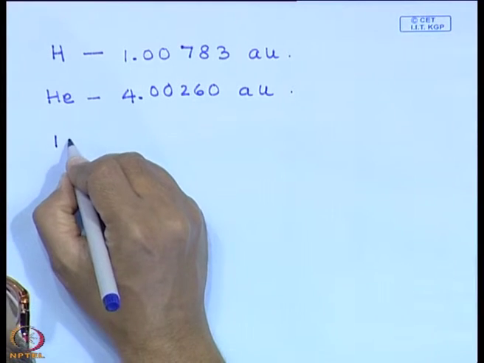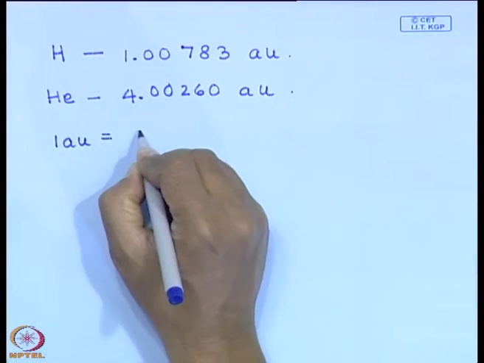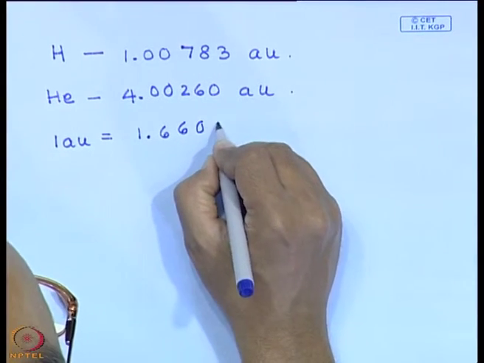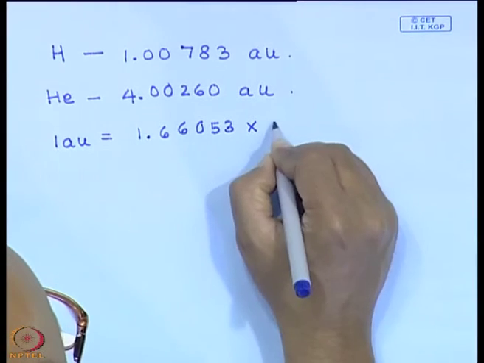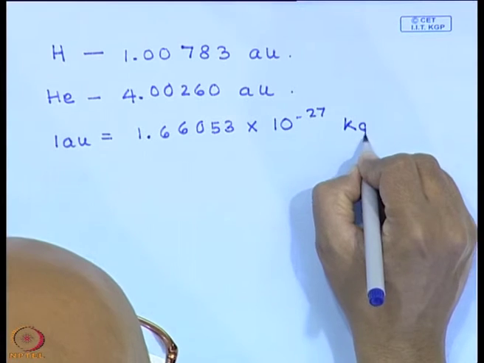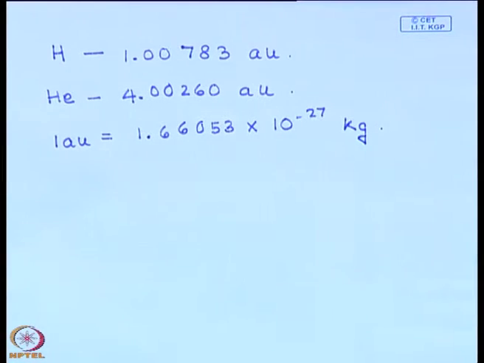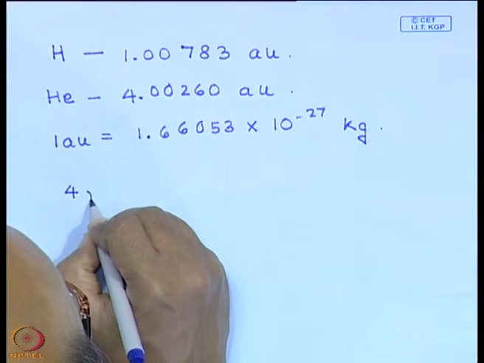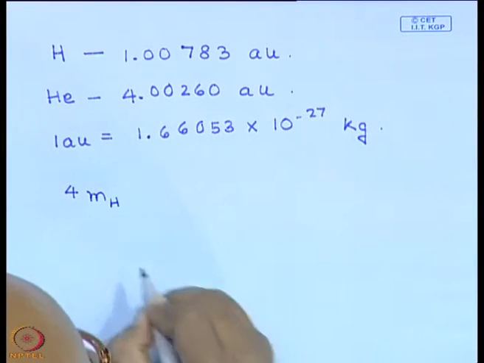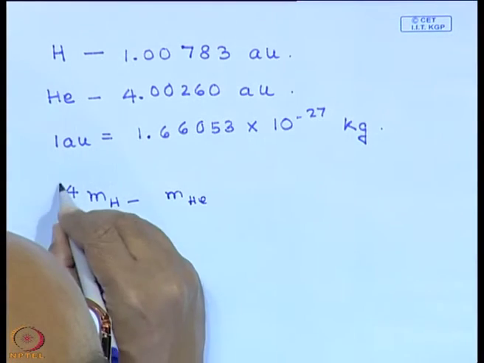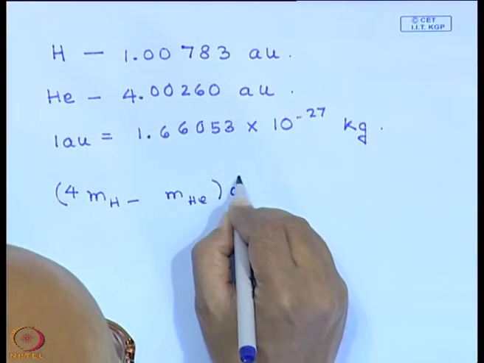One atomic unit is 1.66053 times 10 to the power minus 27 kg. So, what we have to do is calculate 4 m_H minus m_He, times c squared.